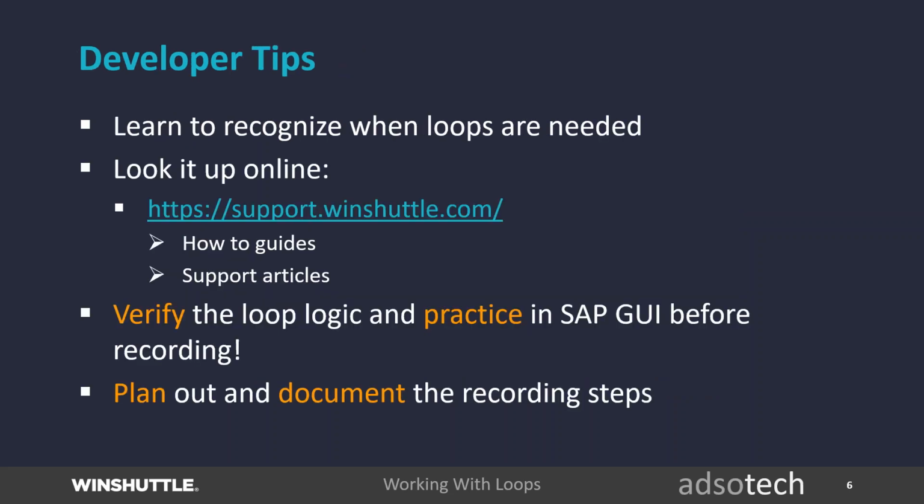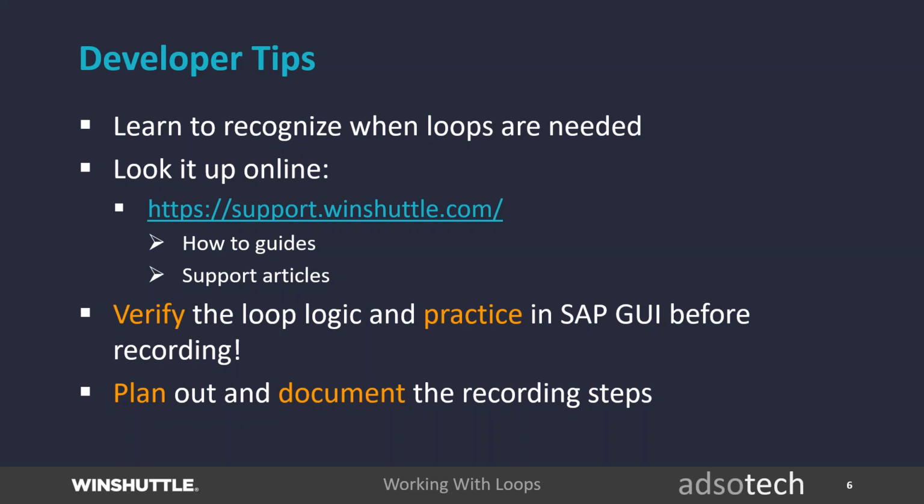But before we get to that, a few common tips that should help you get started working with loops. The first important lesson here, and maybe this is one of the key points, if there's only one thing you take away from this webinar, it should be this: you should learn to recognize when you need a loop. So we saw a few slides with examples of different SAP screens that had this kind of list view in it, or a table, I should say.